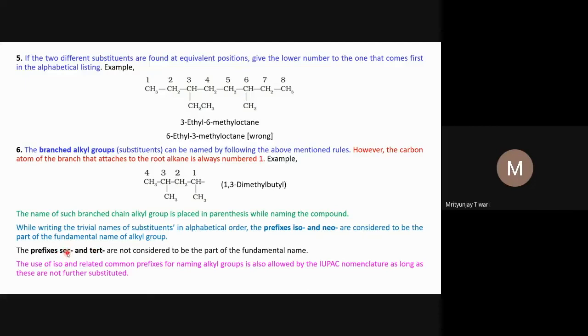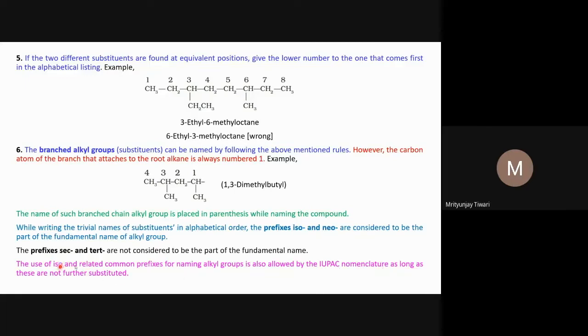Sec, it is like di, 2. As earlier we have seen, di will not be considered, as this is also a numerical prefix. That di was also a numerical prefix. Tertiary is also a numerical prefix. So this will also not be considered as part of the fundamental name of the alkyl group. The use of iso and related common prefixes for naming alkyl groups is also allowed by IUPAC nomenclature as long as these are not further substituted.